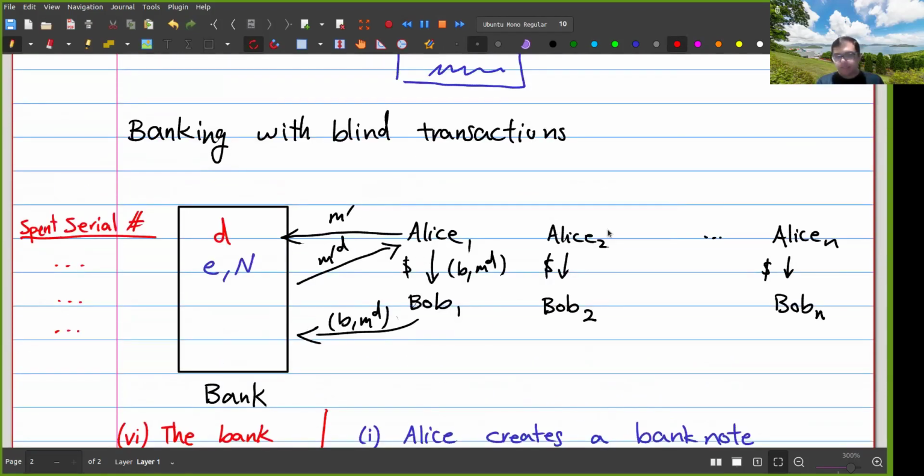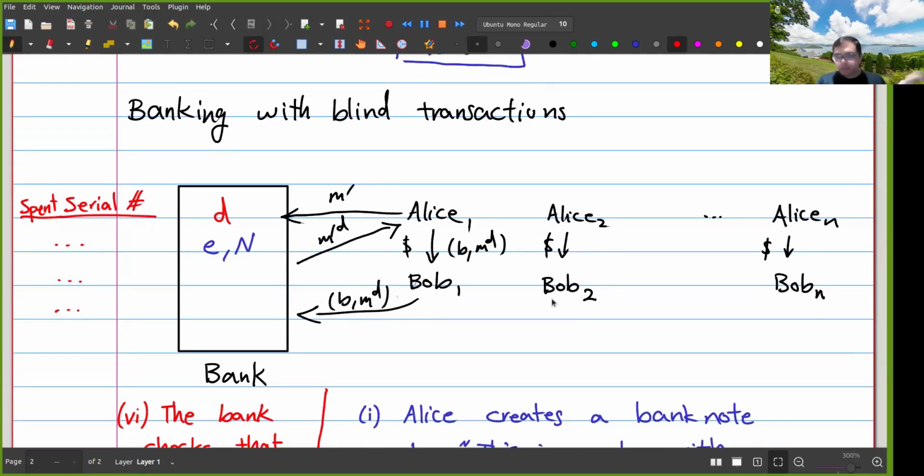So I had N different people who came and asked the bank for signatures, which were basically the same as saying that they were withdrawing $1 each from their accounts. And then they went and gave this $1 to other people. And then those people came back and deposited. So I had N withdrawals and N deposits.